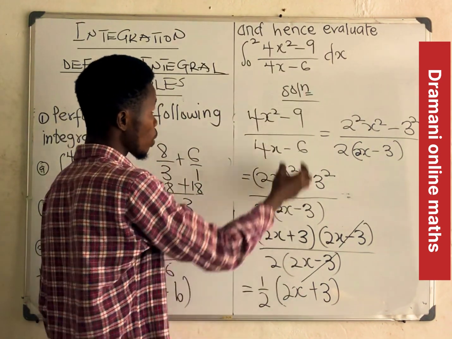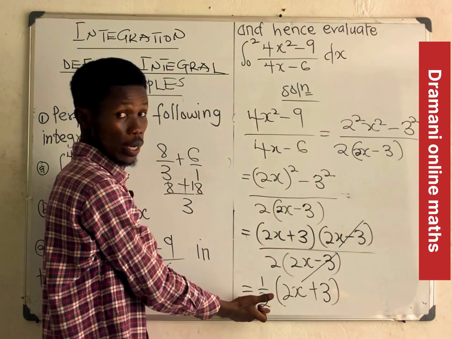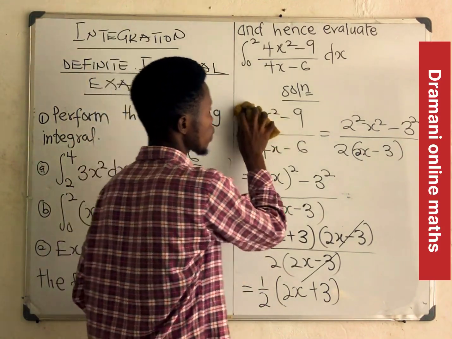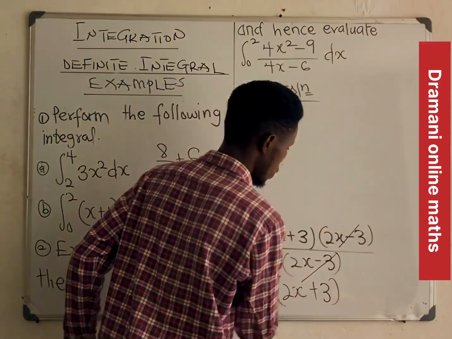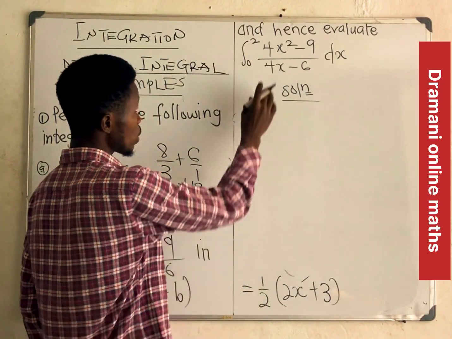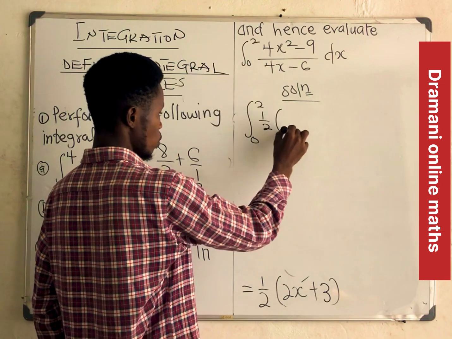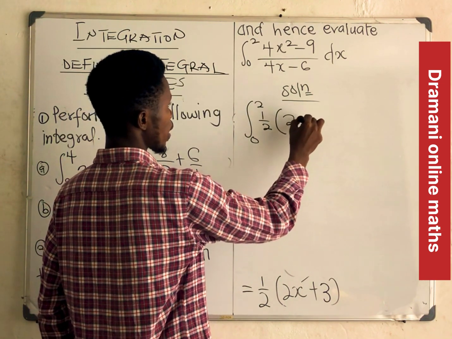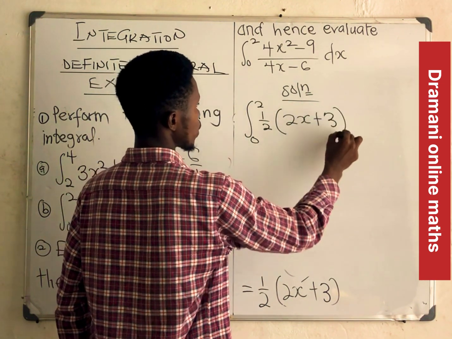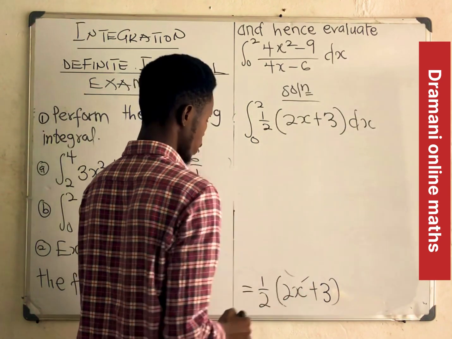So we are going to replace the whole of this by this one. Is that okay? So let's see. From 0 to 2, I'm going to replace the whole of this by 1 over 2 bracket open 2x plus 3 dx.